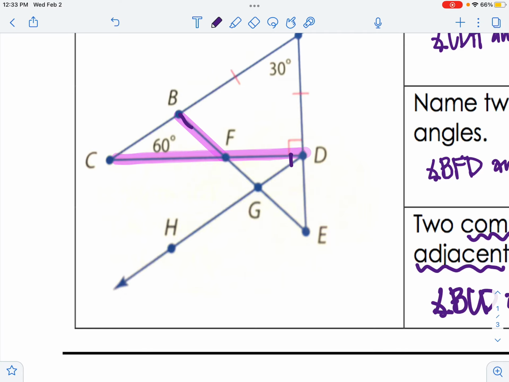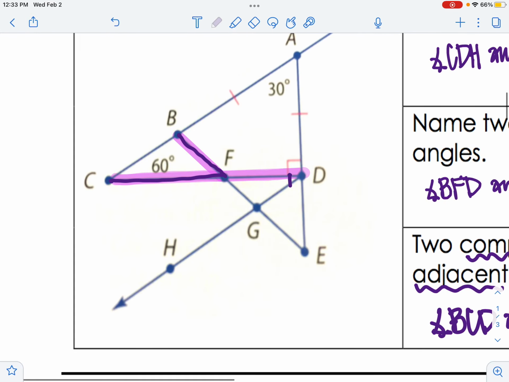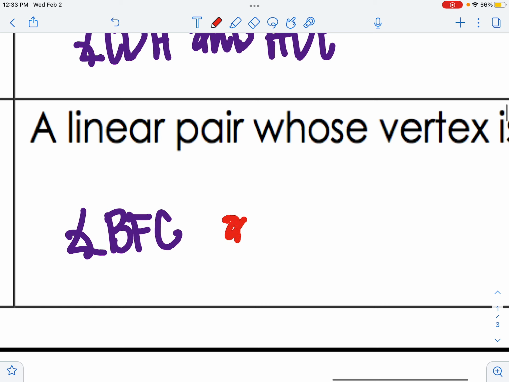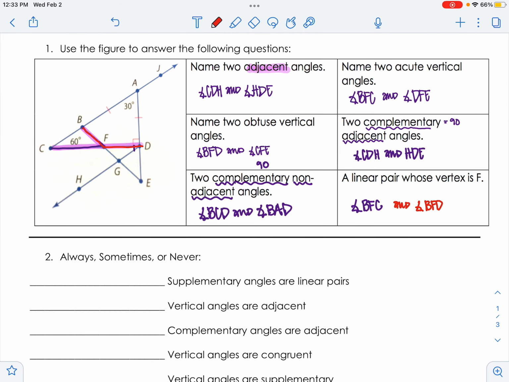So it's going to be this angle right there, angle BFC. And now I have to go down that ray. I'm going to pick a different color, but then go in the opposite direction. So now I have angle BFD. So the key to these types of questions is just really knowing your vocab, okay?